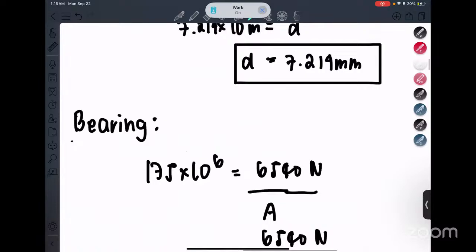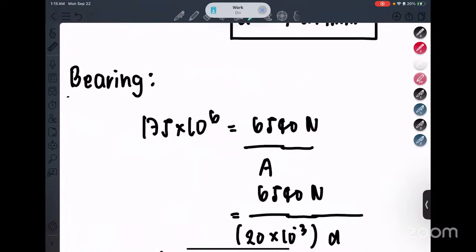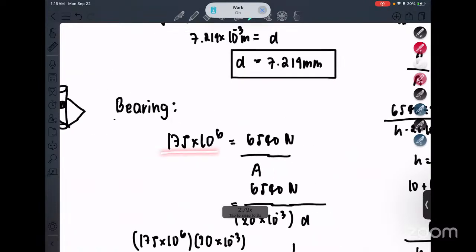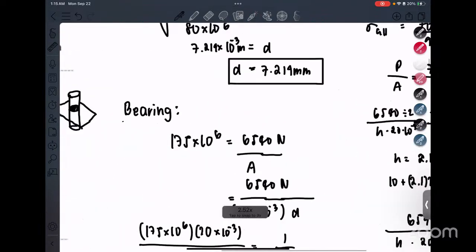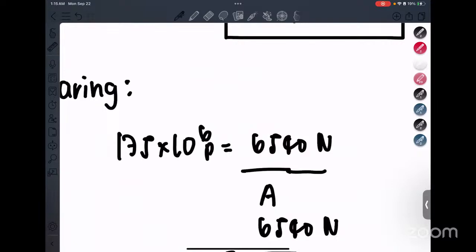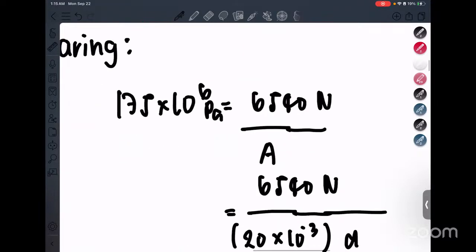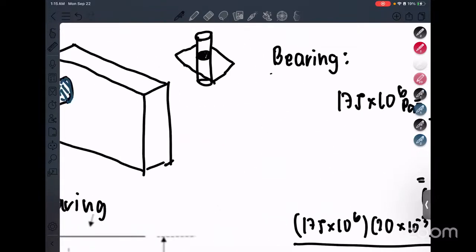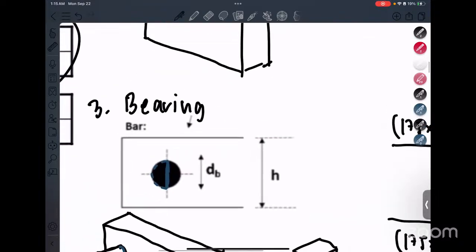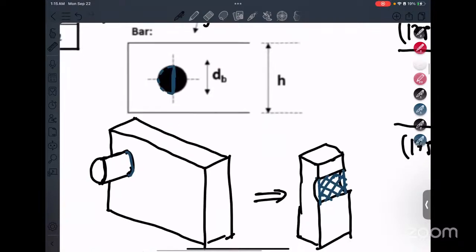Okay. Bearing. It says 175 megapascals. That's the bearing stress requirement that it can handle. That's just equal to, again, force over area. So, 6,540. You can see that the difference now is just how we measure the area. Now what we're measuring is bearing stress.